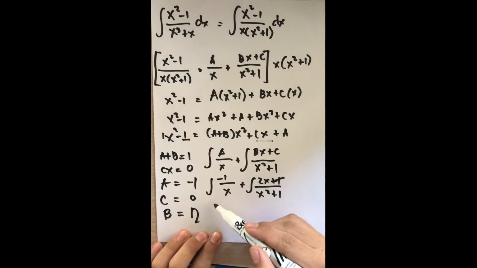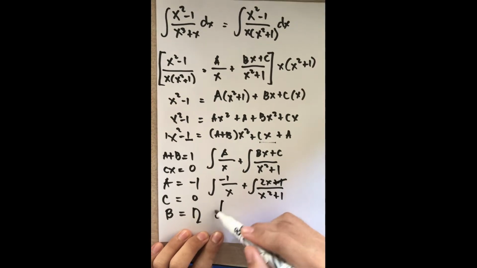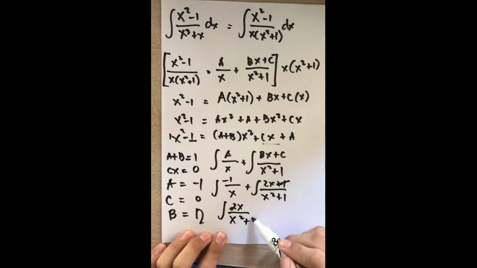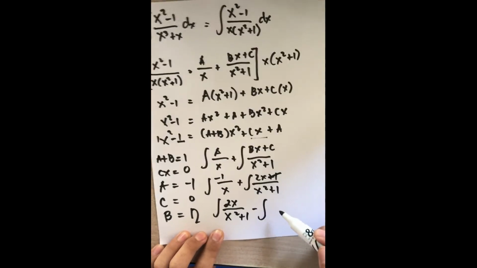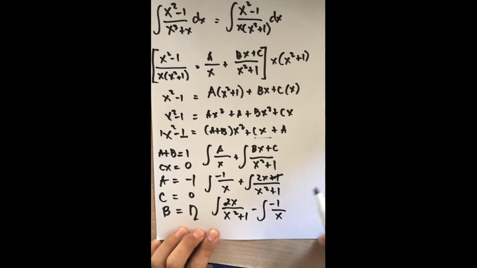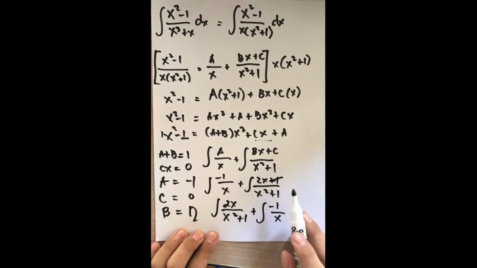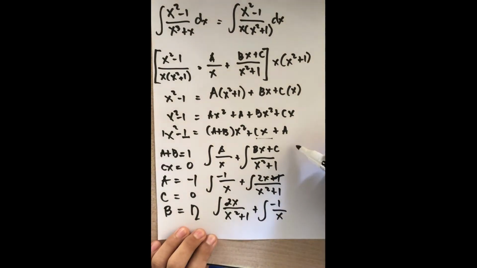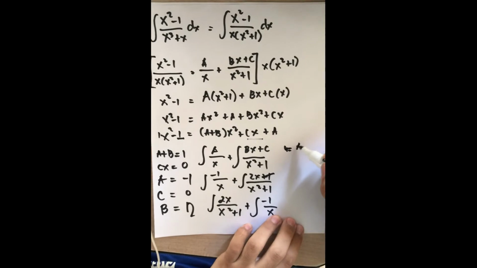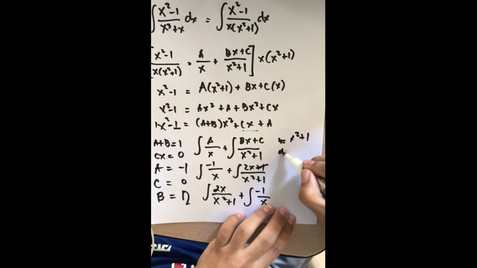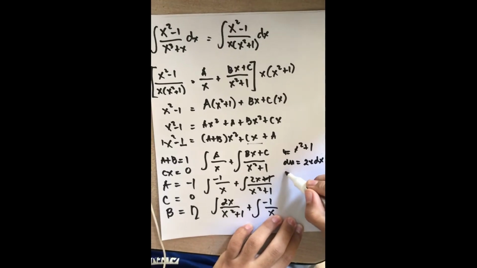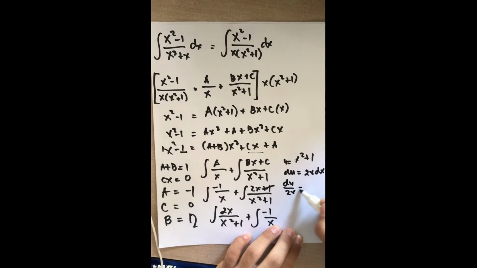First, let us write the 2x over x squared plus 1. Let u be equal to x squared plus 1. Then du is 2x dx, and du over 2x is equal to dx.